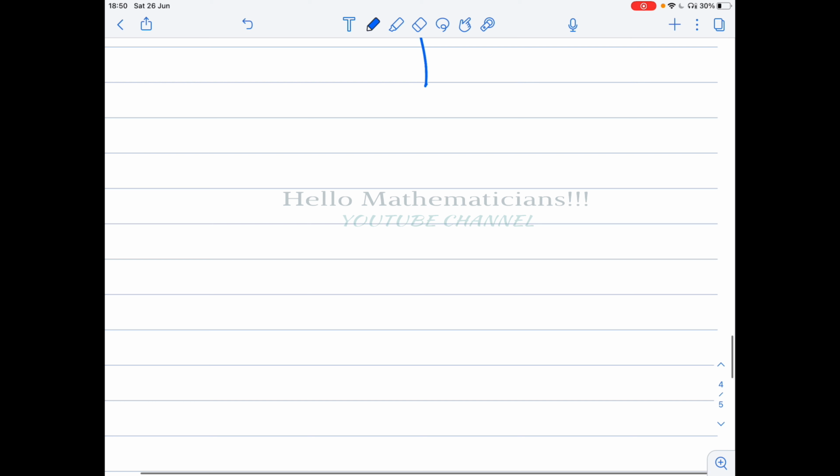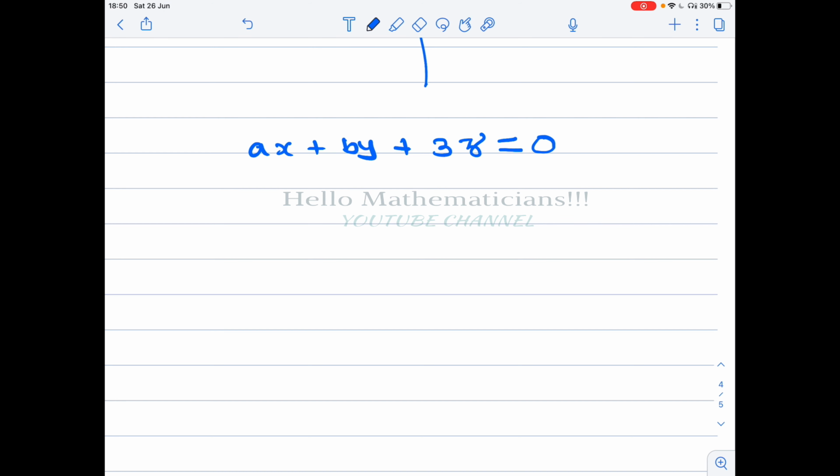If you look at an equation in three variables, ax plus by plus cz equal to 0, here you can write x as minus by minus cz by a.